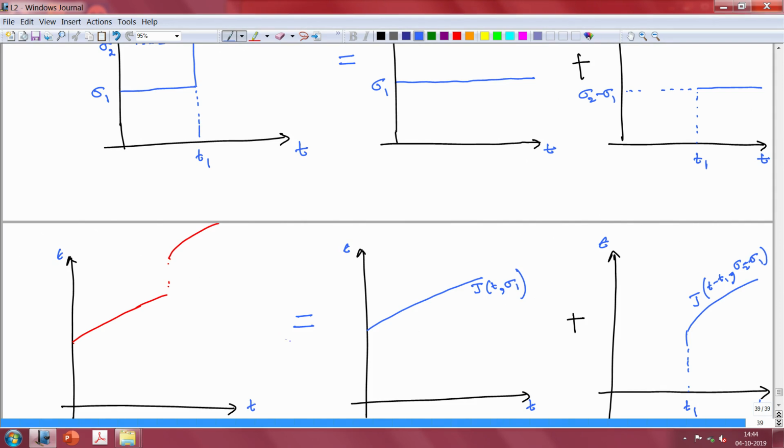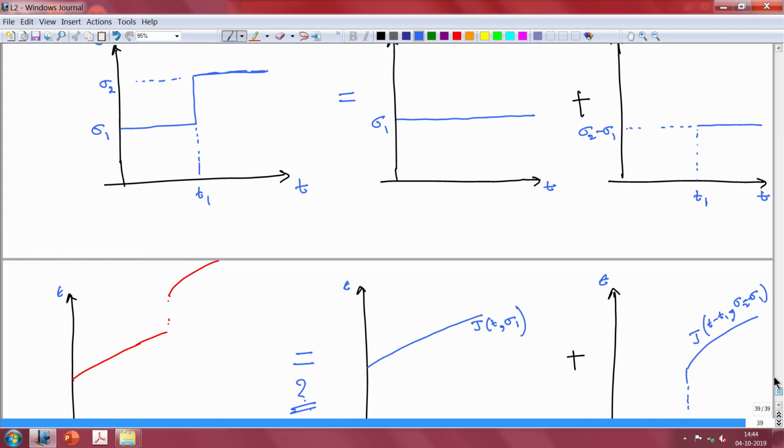So, can we write this or not? And this is your question. Superposition of separate responses says that no matter what kind of a complicated input signal you might wish to provide, if you break it up into separate signals, then the final output is just the sum of the separate responses.